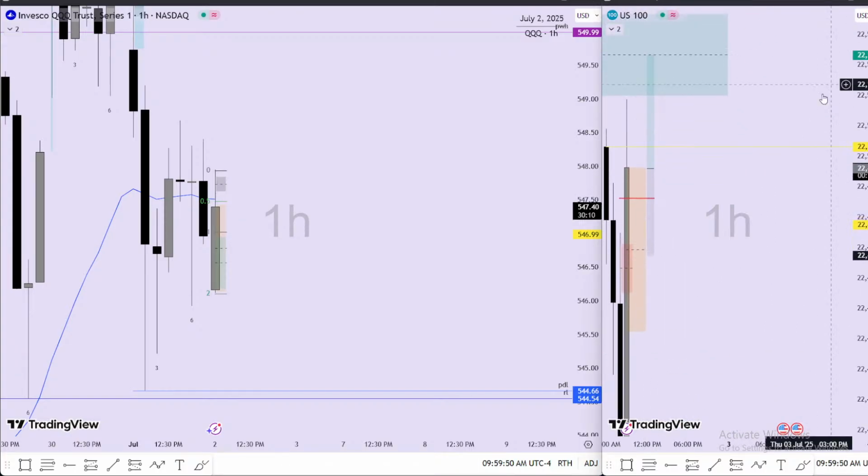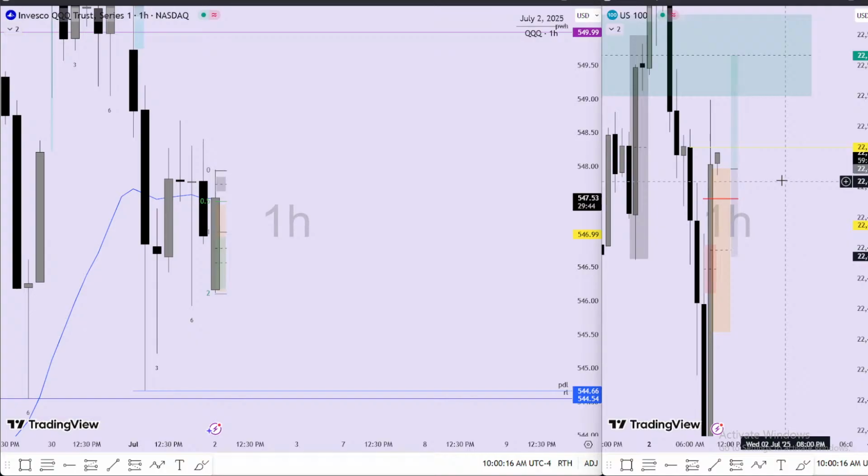We are above 491. The new hour opened. We closed above the 491, which makes it more probable that we'll give a closing on the hourly time frame.